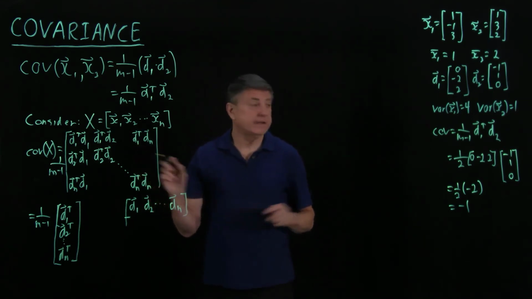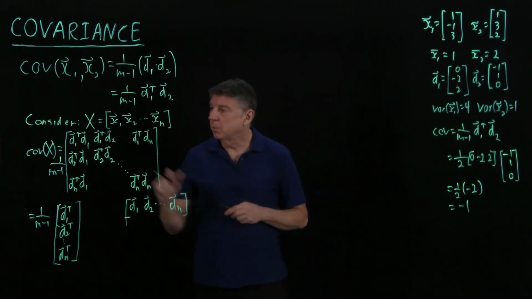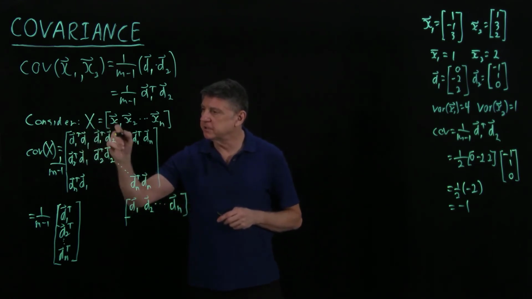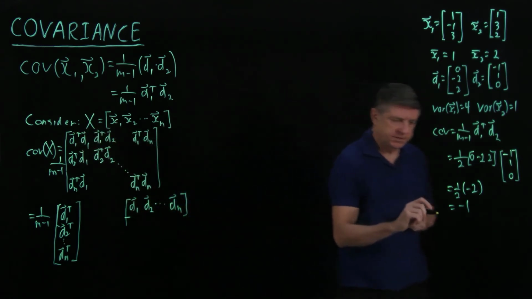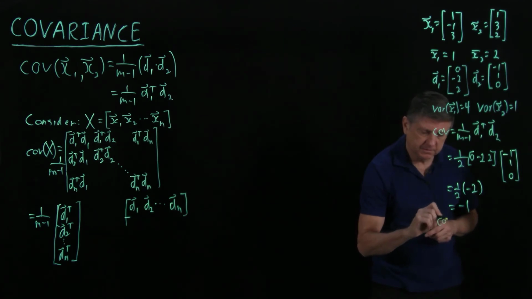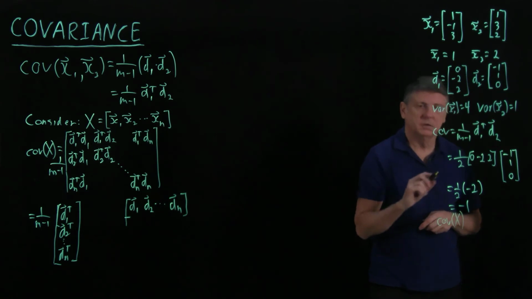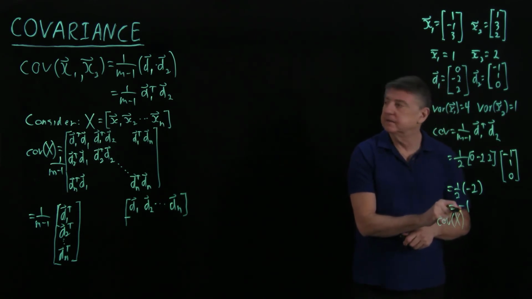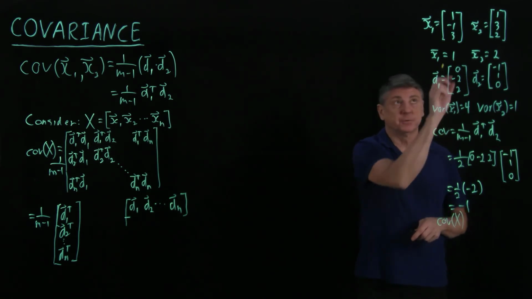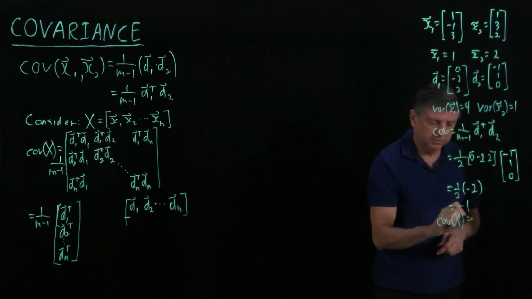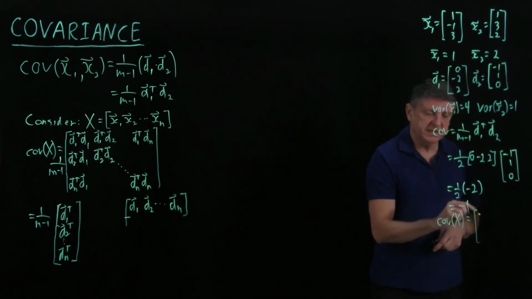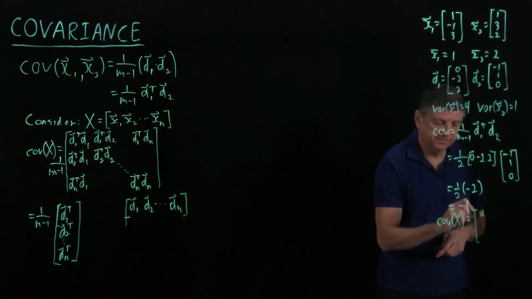What does this look like for our particular example? Well, we'll concentrate just on this upper corner. So the covariance of our design matrix for these simple data will be: this will be the variance of 1, which is 4.